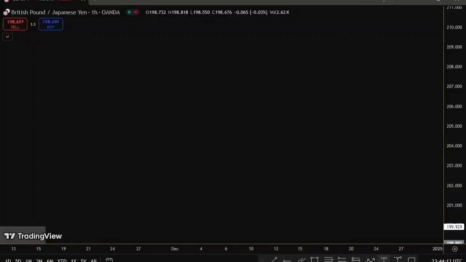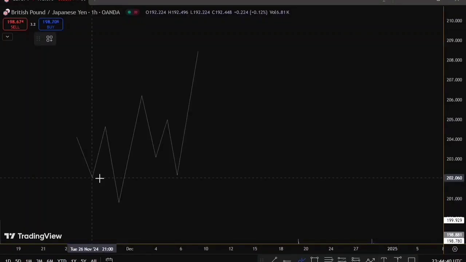Probably something like this, and this is like the type 1, pull back down and go breaking structure to the upside. So what does this tell us? A sweep of liquidity, a break of structure.